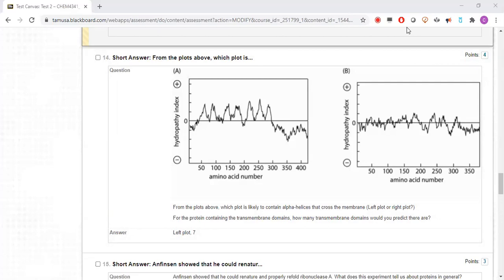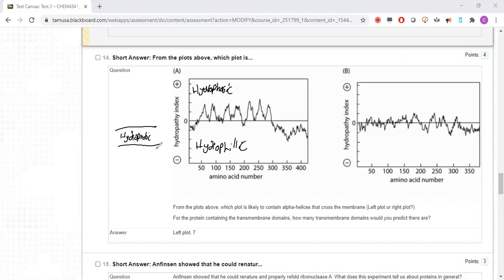All right, so for a hydrophobicity plot, positive numbers are hydrophobic. Negative numbers are hydrophilic. Now the membrane itself is hydrophobic on the inside.